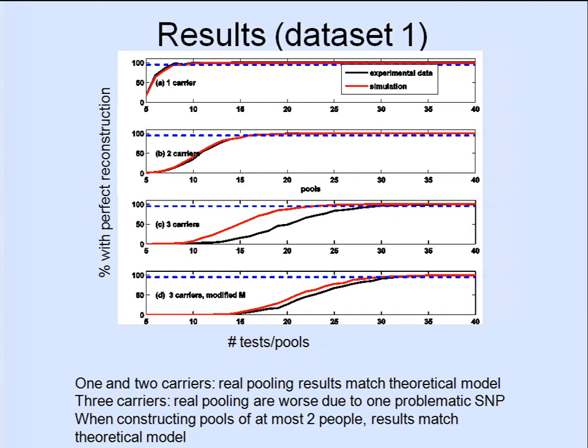In red we have our simulation-based model. In black we have the resampler. So in this case, we have a perfect match of the performance on the data.